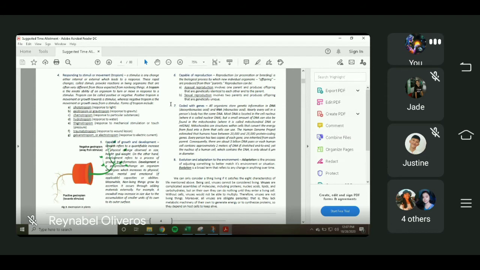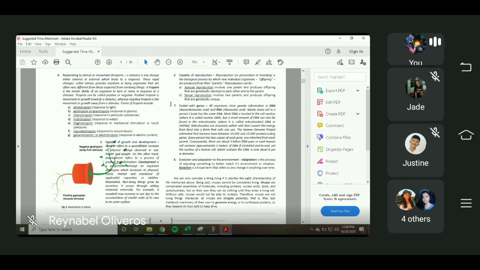'Di ba? Let's say for example na lang yung halaman. 'Di ba yung halaman, pag inilagay mo siya sa isang jar, tapos tinakpan mo, halimbawa, tinakpan mo siya, tapos binutasan mo yung tinakip mo ng konti, kung saan mo nilagay o kung saan may butas, at doon pumapasok ang liwanag, doon ang direksyon ng paglaki ng halaman. Tama, 'di ba? O halimbawa na lang yung sa araw, 'di ba?